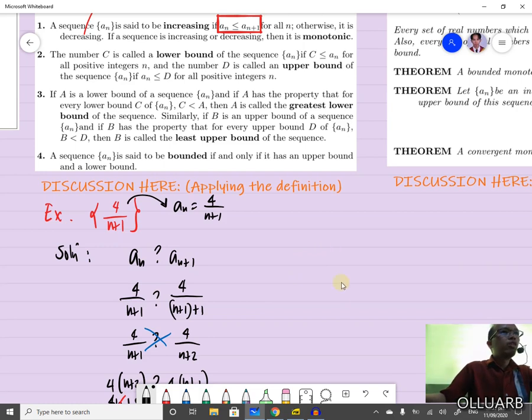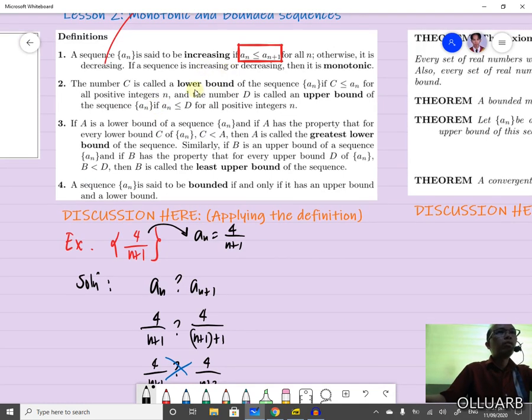Definition number 2, about lower bound and upper bound. This is very easy to understand. The number c is called a lower bound of the sequence a sub n if this number is less than or equal to every element of the sequence for all positive integers n.